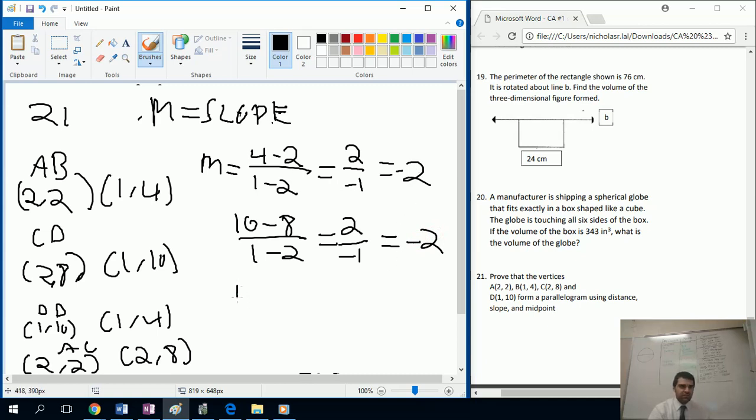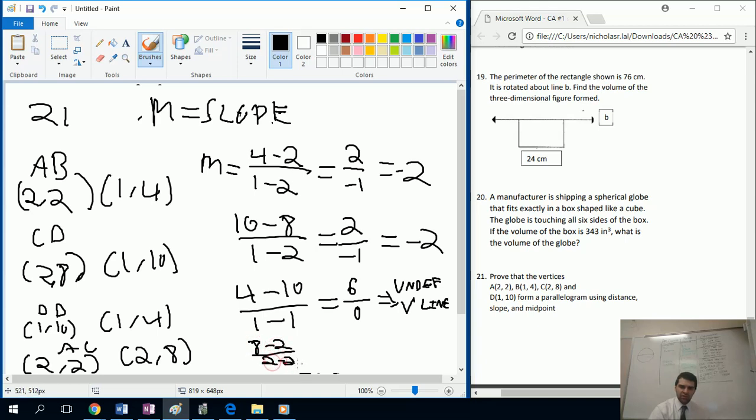For this, 4 minus 10 over 1 minus 1, find the slope, that's going to be 6 over 0, so that's undefined. That's an undefined vertical line. And then 8 minus 2 over 2 minus 2 is equal to 6 over 0, and that's also an undefined vertical line.